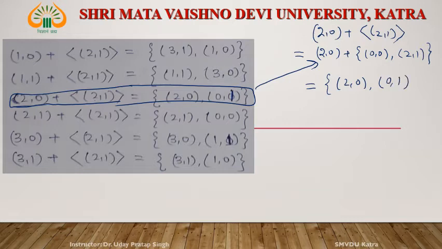So therefore this is (0, 1), not (0, 0). Okay, these are the elements.